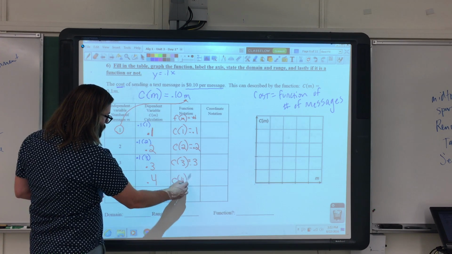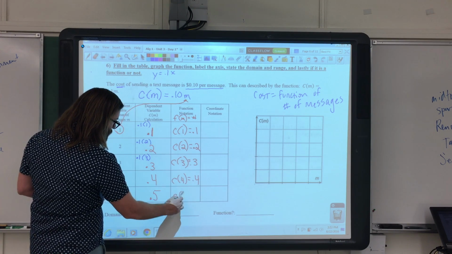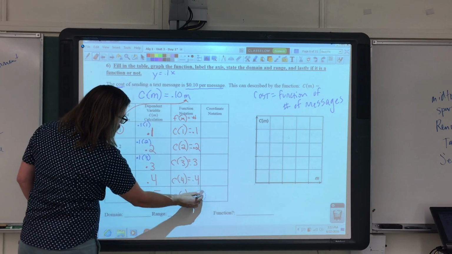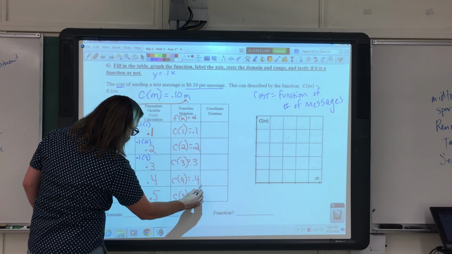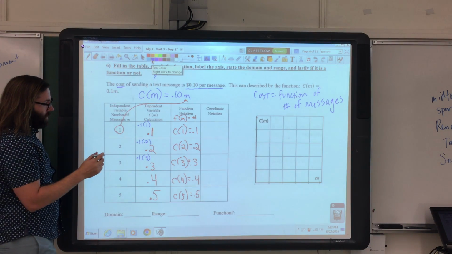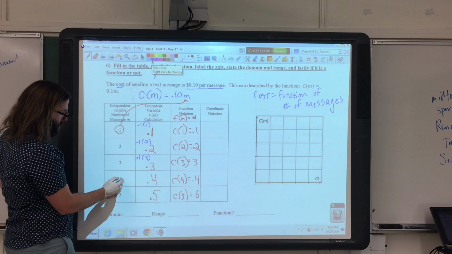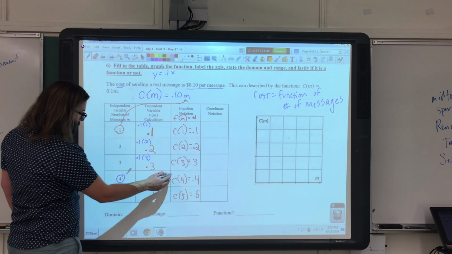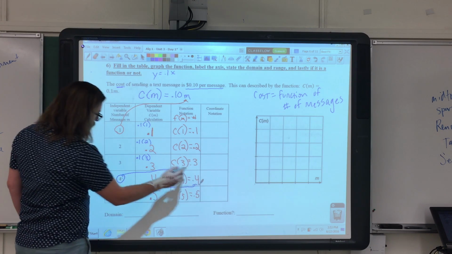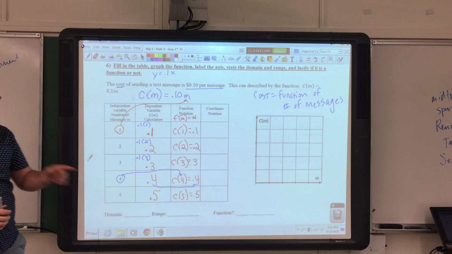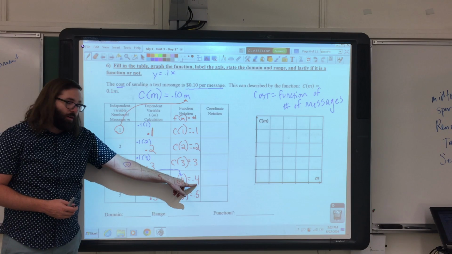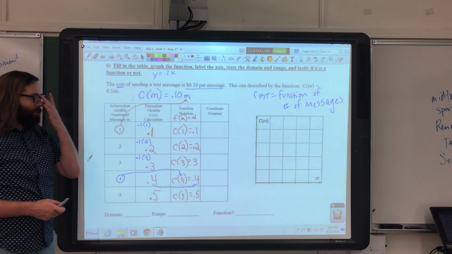Cost of 4 messages equals 0.4. Cost of 5 messages is 0.5. That goes right here, that's your number of messages, and then this is right there. So the function when m equals 4, the cost is 0.4, 40 cents.